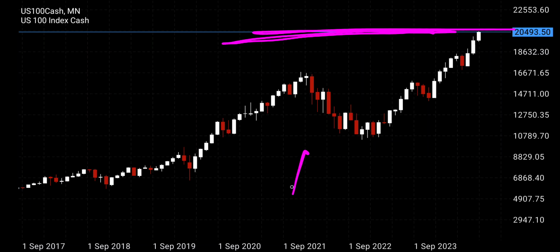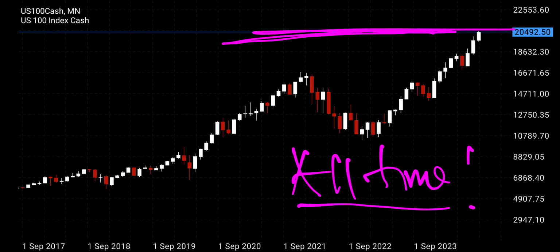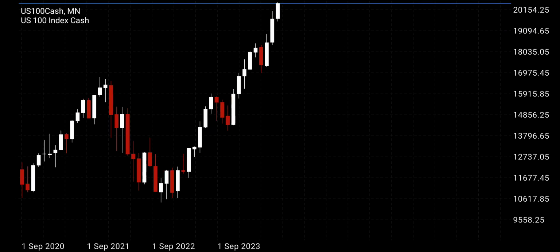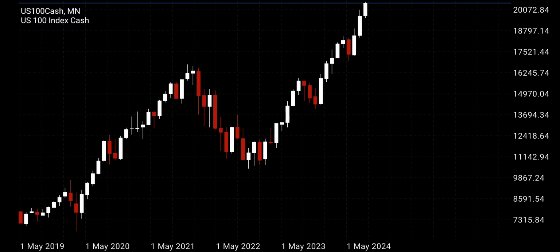This is the all-time high, which makes it very tricky when you're trading at the all-time highs, because you don't have any traces to the left where you can say that the last time the price was here, this is what it did, and then use that to predict what it's most likely to do next. That's the tricky part about trading at the all-time highs, but that's not the end of the world. We can still try and make sense of it.